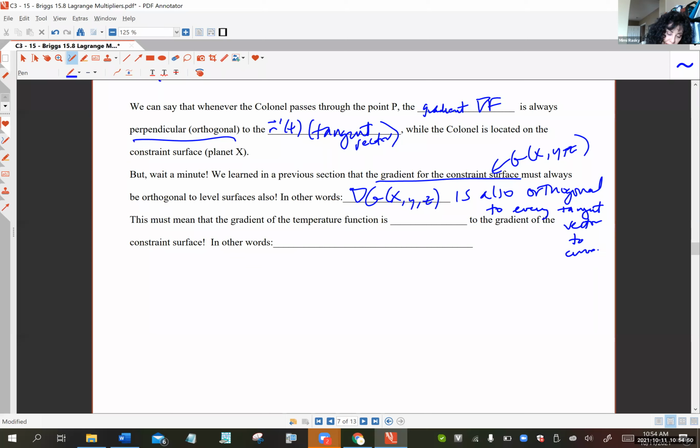So both big F and big G, does that mean they're equal? No, but it means that the gradient of the temperature function, that's big del F, is going to be parallel to the gradient of the constraint. In other words, del F is a multiple of del G.